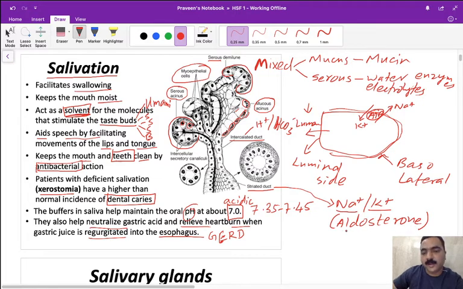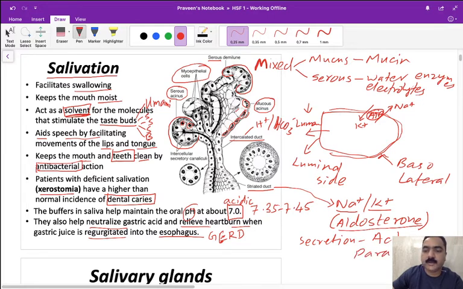But importantly, remember, the secretion of the saliva is not influenced by aldosterone. Aldosterone just modifies in the duct. The secretion of the saliva is mainly controlled by acetylcholine coming from the parasympathetic nerves.